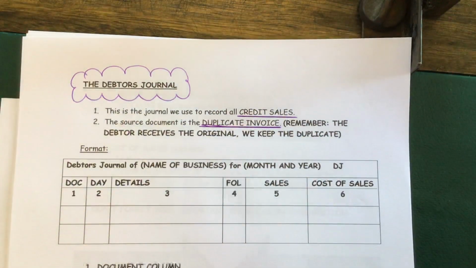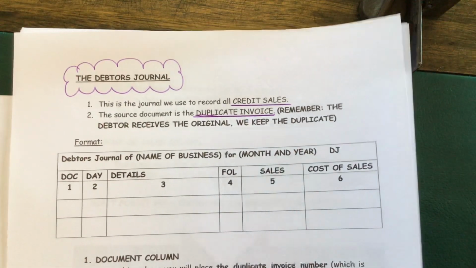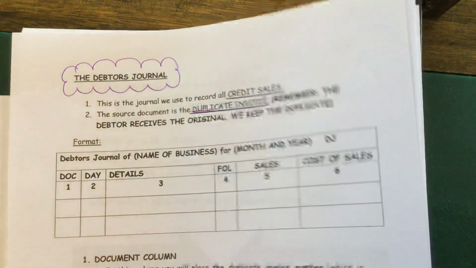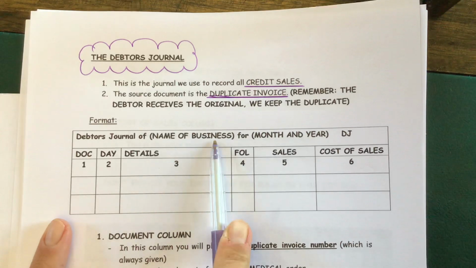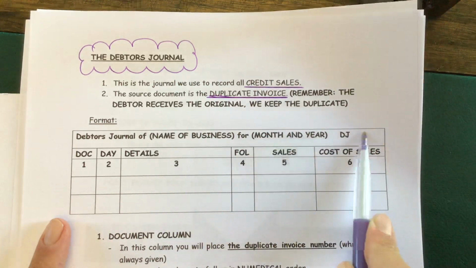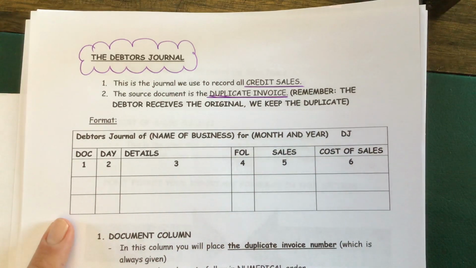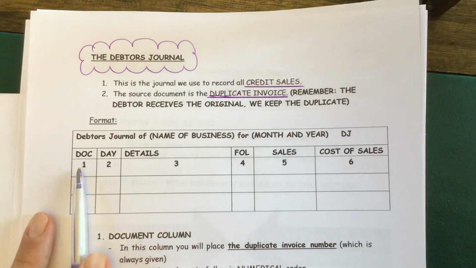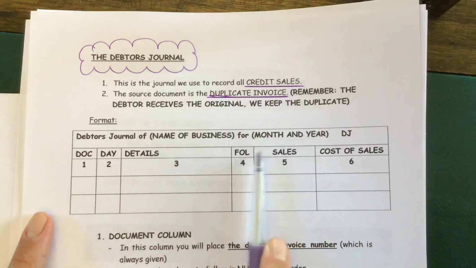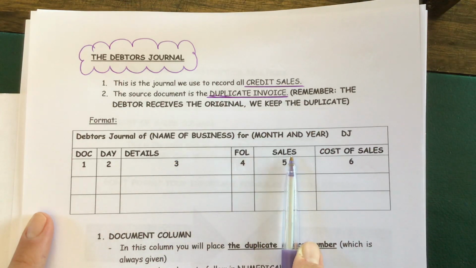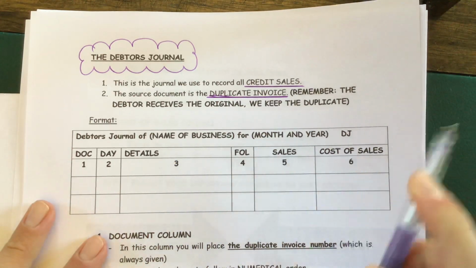Okay, now here is the format of the DJ. You would put in the name of the business, the month and the year, and then obviously give your DJ a number. Then we have a document column, a day column, details, folio, a sales column, and a cost of sales column.